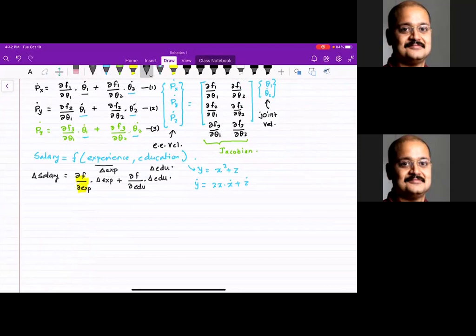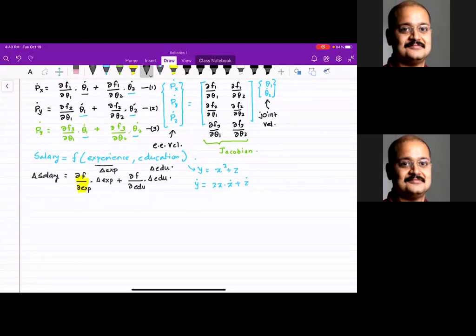But theta 1 dot and theta 2 dot, these are body coordinates. So basically theta 1 is about z naught, and maybe theta 2 is about z1. Please note, px, py, and pz, they are not about z1.